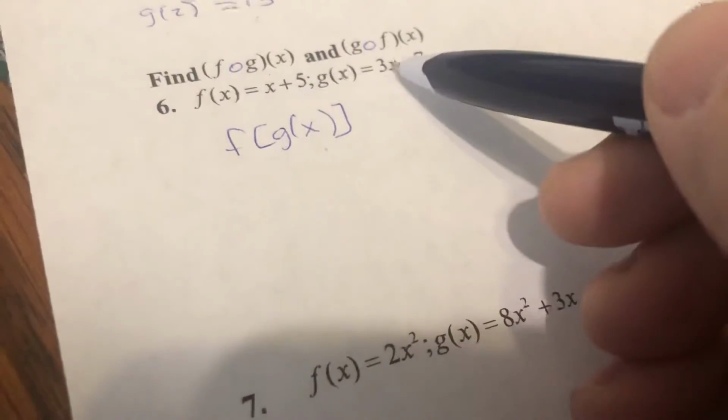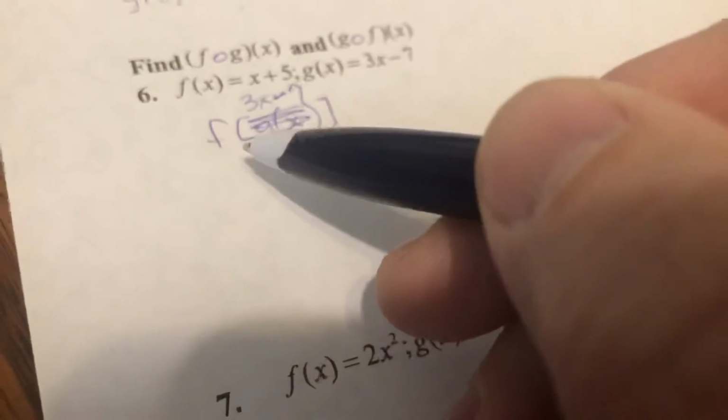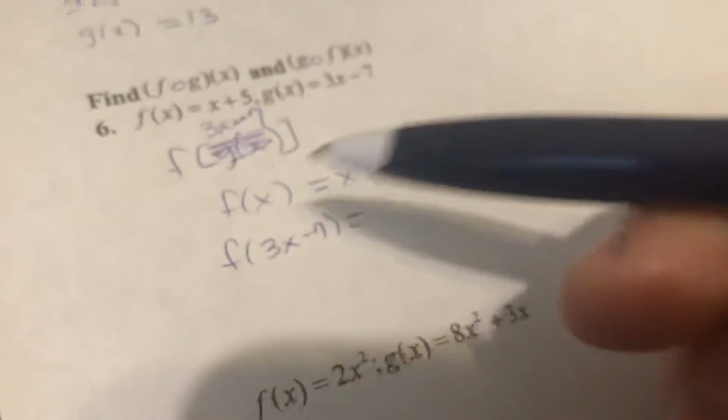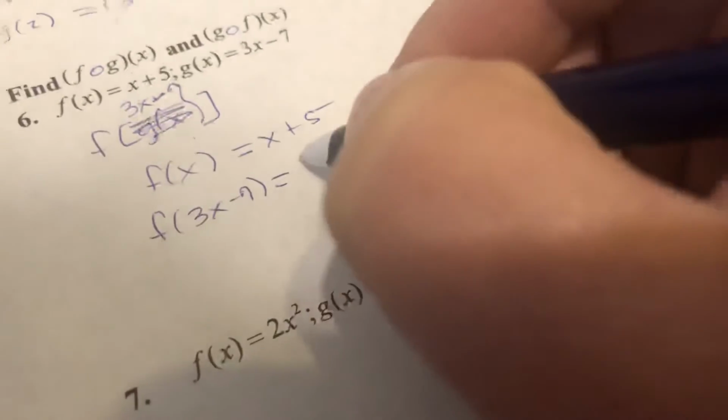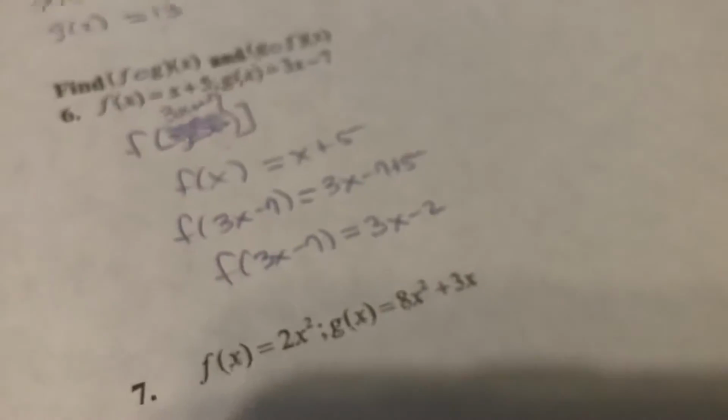In the place of g of x, I'm going to put 3x minus 7. So now the problem tells me to find f of 3x minus 7. So f of x is x plus 5. So f of 3x minus 7 means every place I have x, I'm going to put 3x minus 7. So that's 3x minus 7 plus 5, which is 3x minus 2.